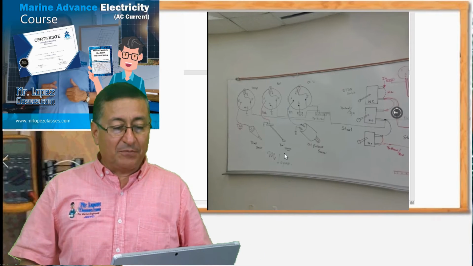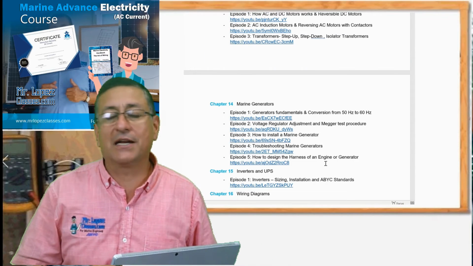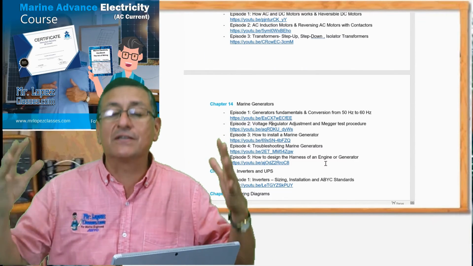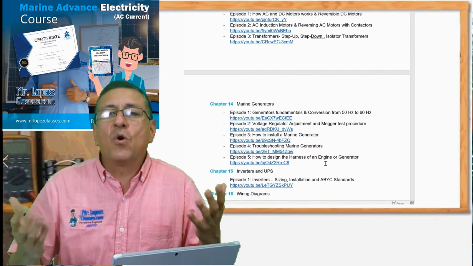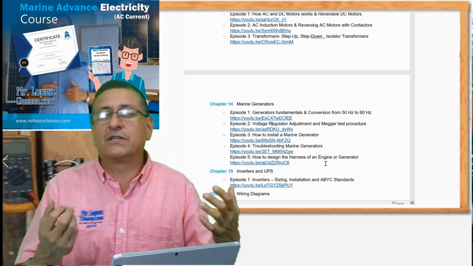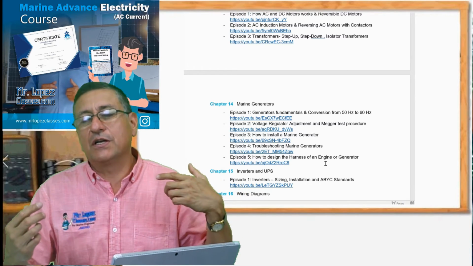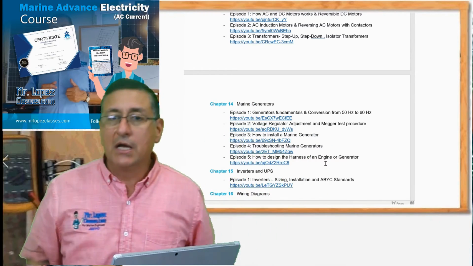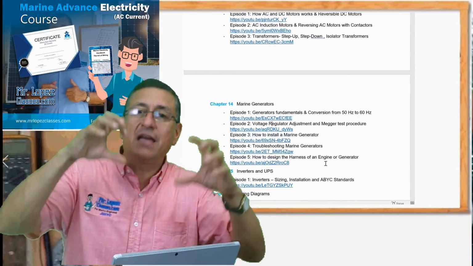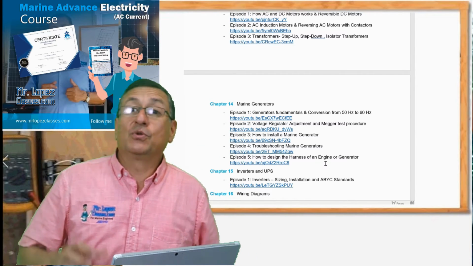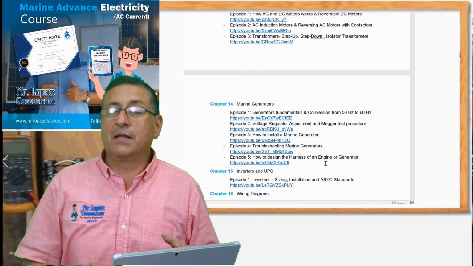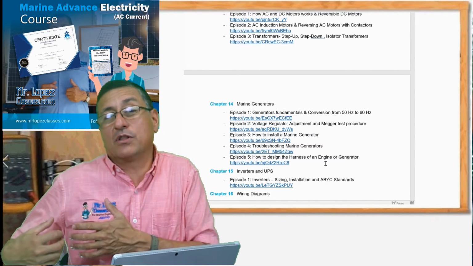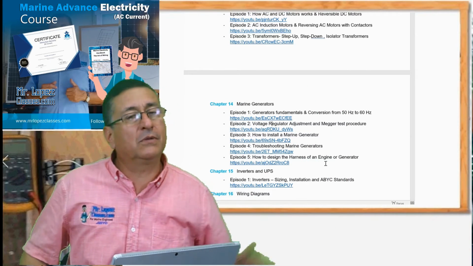This is chapter 14. Chapter 15 is dedicated to inverters and UPS: how the inverter works, the fundamentals of the inverter, how the inverter should be wired in the boat, the procedure to connect the inverter, and the procedure to calculate the battery bank according to the capacity of the AC panel.